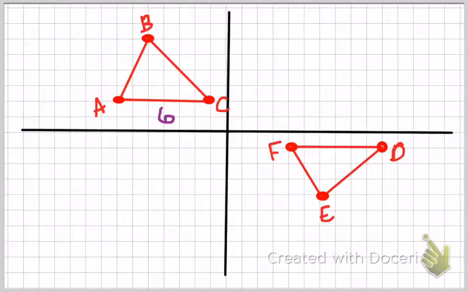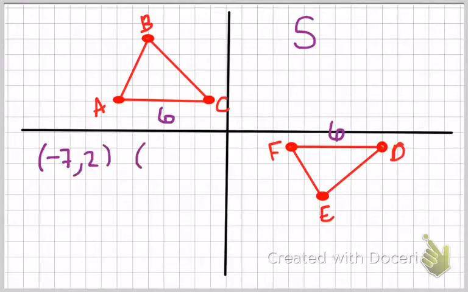I could also easily count F to D: 1, 2, 3, 4, 5, 6. Good. So far I have AC and DF are congruent, so that's the first S. I need to find two more S's to do side-side-side. You can't just count A to B because they're at an angle, so you actually have to use the distance formula. A is located at negative 7, 2.